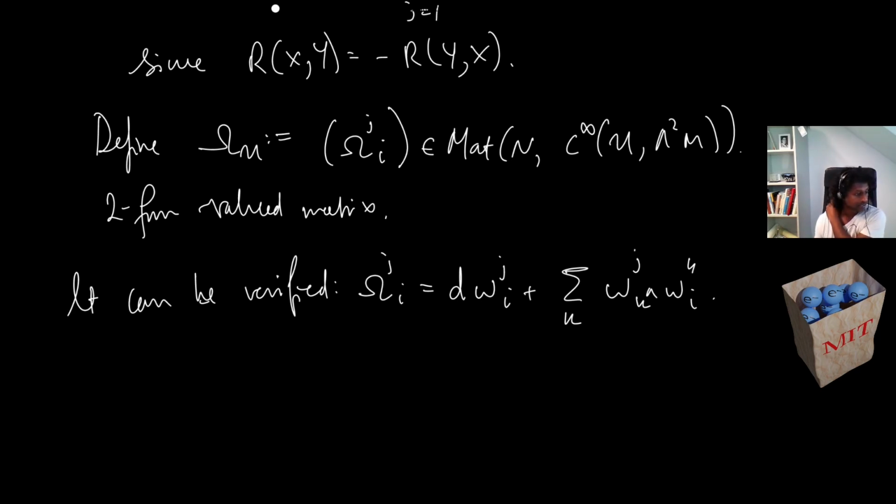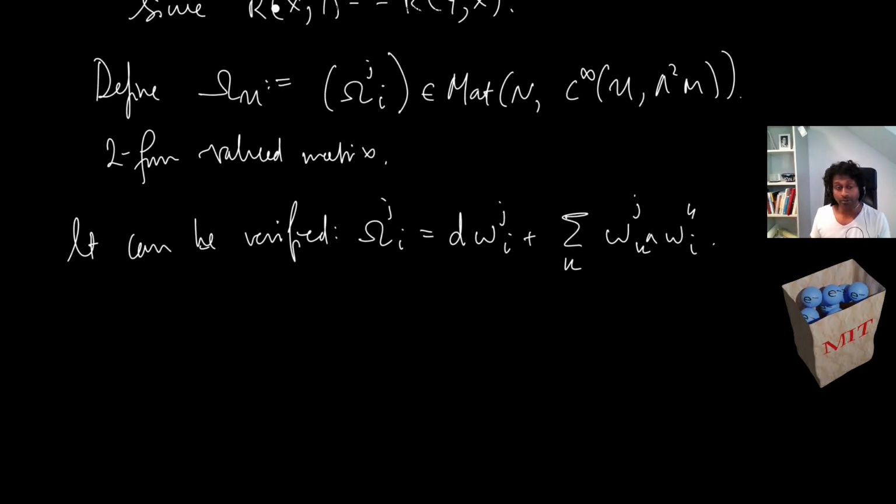Okay, so this is the so-called curvature 2 form, and this is often how it's defined, right? It's really important to emphasize that I'm not writing any coordinate independent expressions here. This is really dependent on the frame.